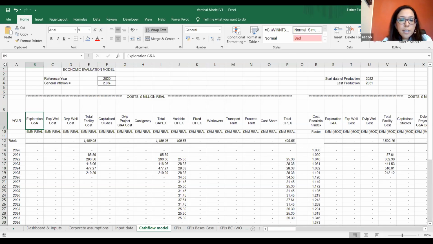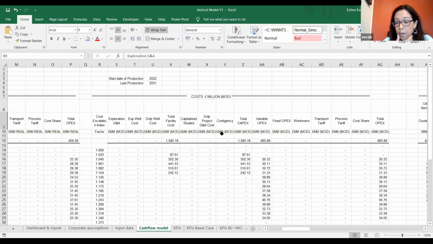The structure is to have a sequence of processes for the cash flow. We have first presented all our data in real terms. Then we move to money of the day. I have to say that I have done this model vertically, but I usually prepare my models horizontally.